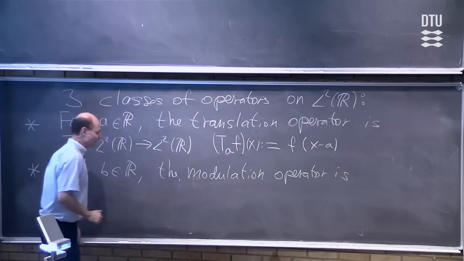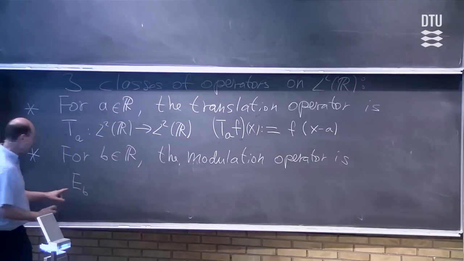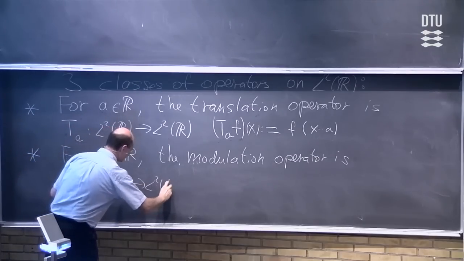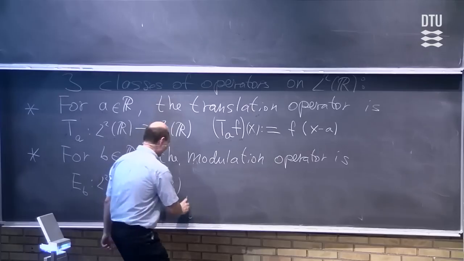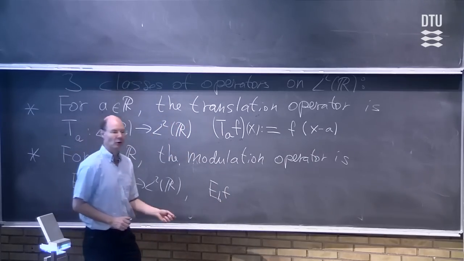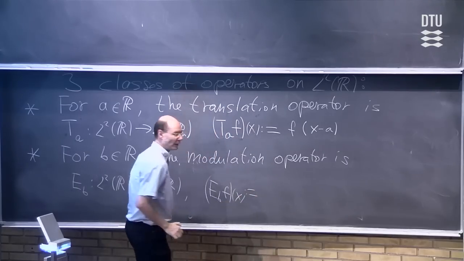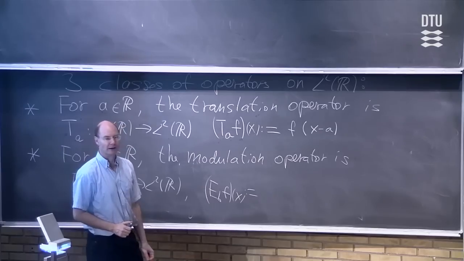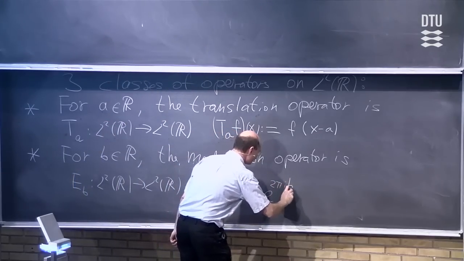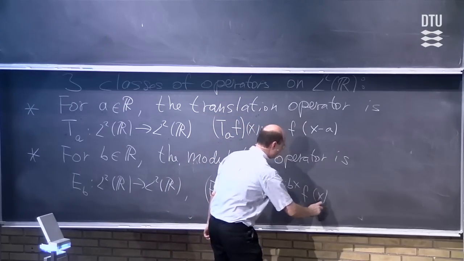We denote this operator by E, and then again with an index b, and this should be an operator going from L2 of R into L2 of R. And again, we have to say what should be the value of E_b applied to a function f evaluated at a point x. And the way we define this is that we have to multiply with a certain exponential factor, namely e to the 2 pi i b x. We take this factor and we multiply it on the function f.